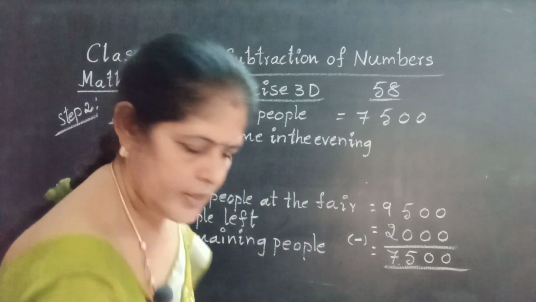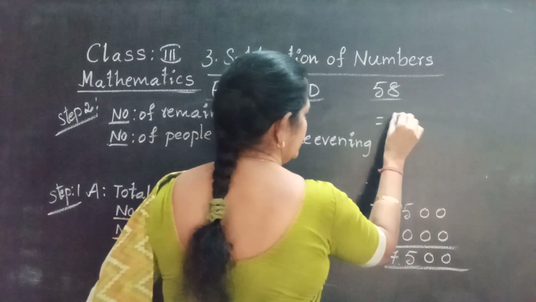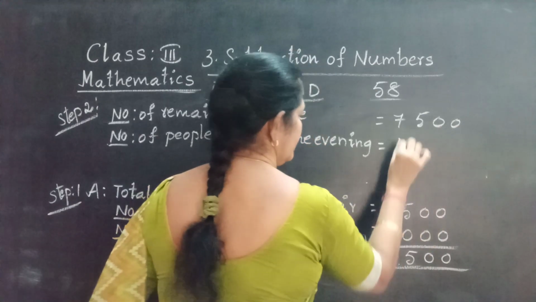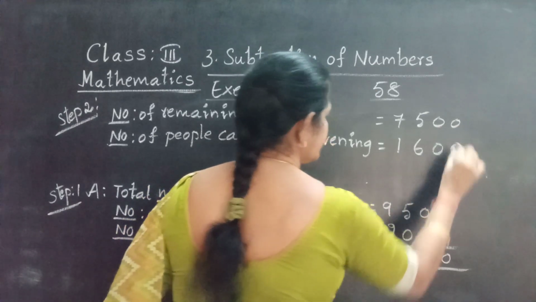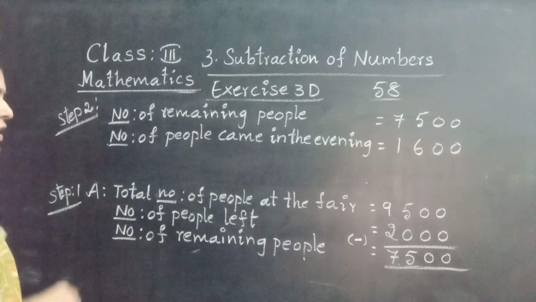I will rub and write, Nana. Both the numbers should be one below the other. First number is 7,500 remaining people. Again 1,600 people came to the fair in the evening.